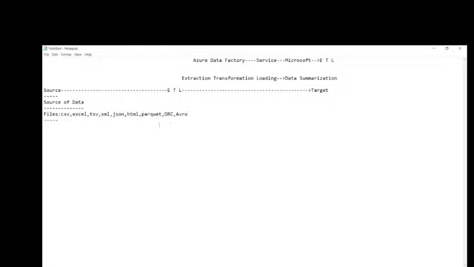Apart from the files, what are the other sources from where we get the data? We can get the data from databases. Can you tell me the very basic difference between files and a database?